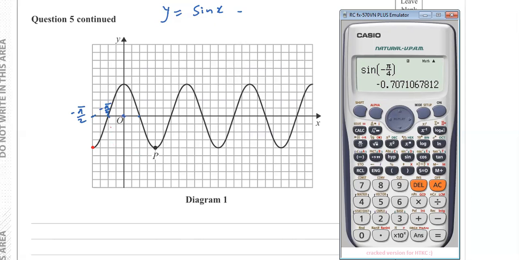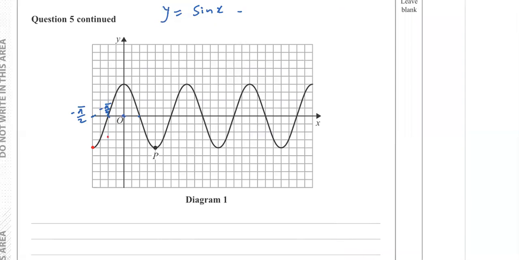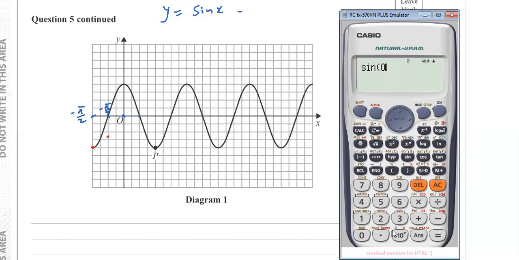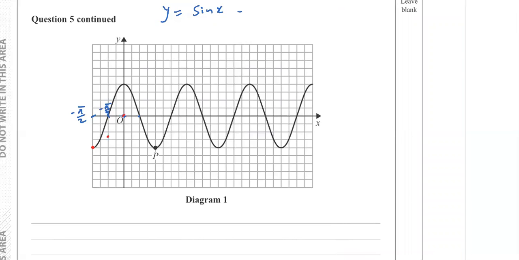So if I will take 0.707, it will be approximately 0.25, 0.5, 0.75. So almost you can say here. Then next one for sin 0, if I will take sin 0 is 0. So this value will be 0 over here.